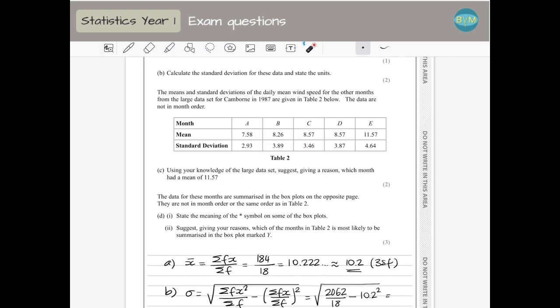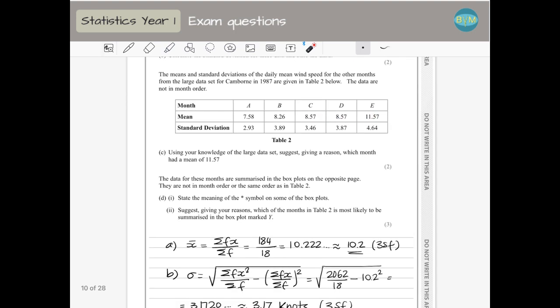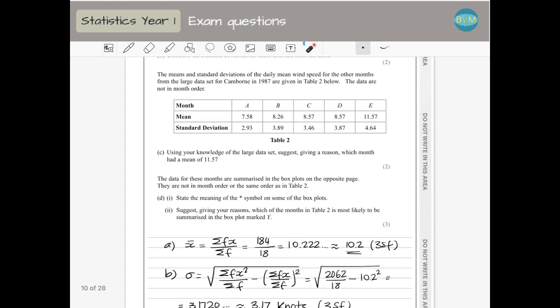So they are obviously disorganized in time, and this one is the one with the highest mean. So remember, the data in the large data set is from May to October, and Camborne is in the southwest in the UK, and the windiest month in the UK is October.